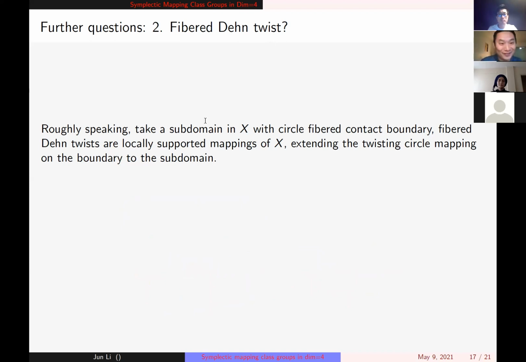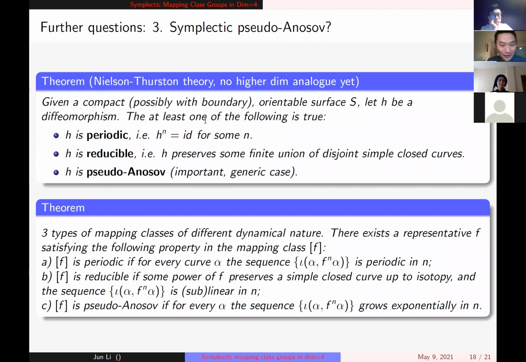Now, some questions may be out of reach. So we have some Nielsen-Thurston theory in dimension 2, where we classify the surface mappings into 3 kinds of maps according to their different dynamical behavior.